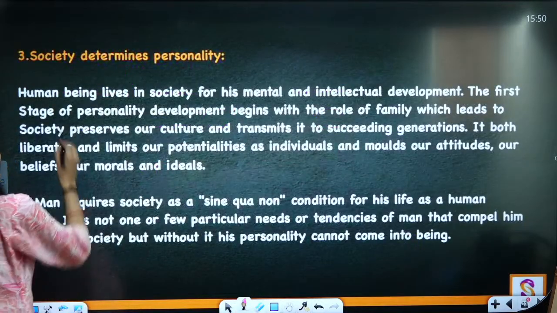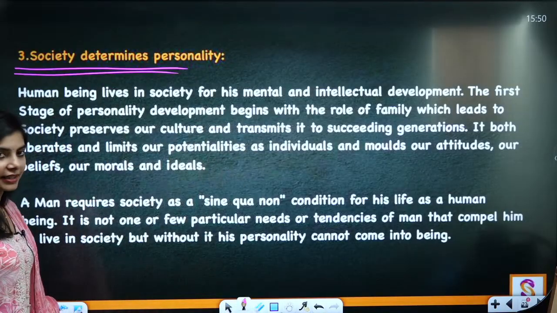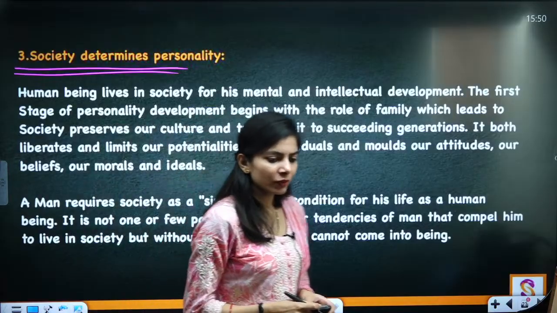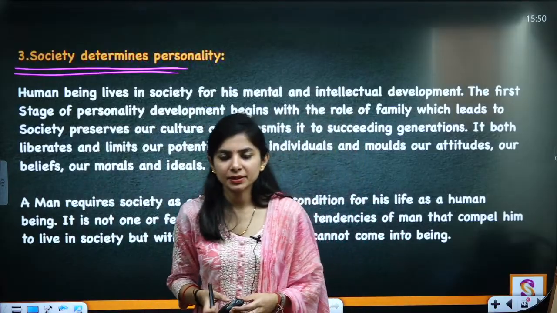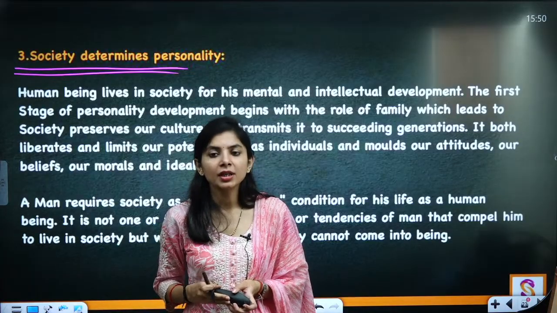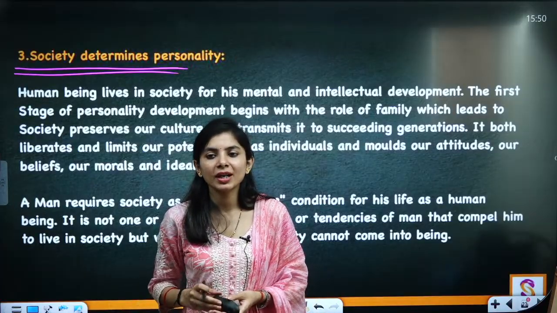Now next one, specifying that society determines personality. How? Have you wondered about the children of people who are living in a foreign country?